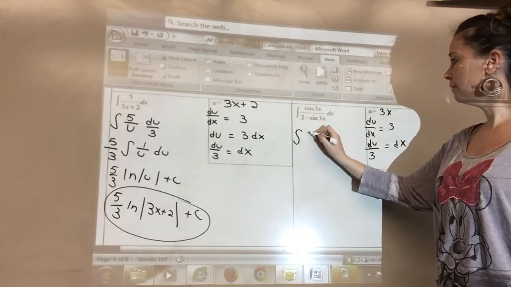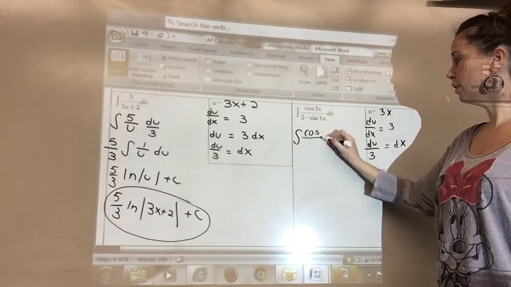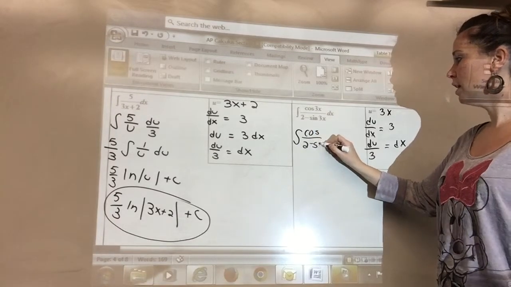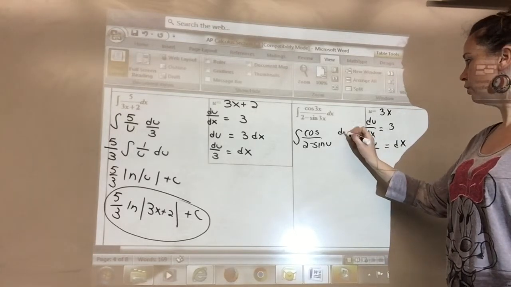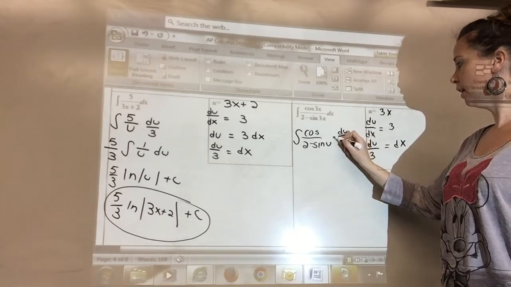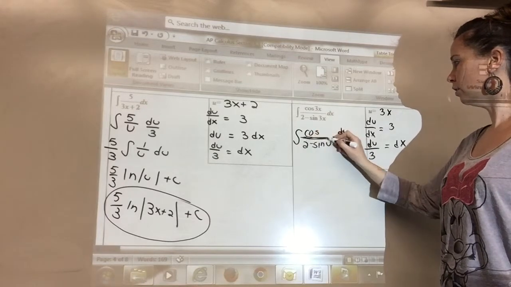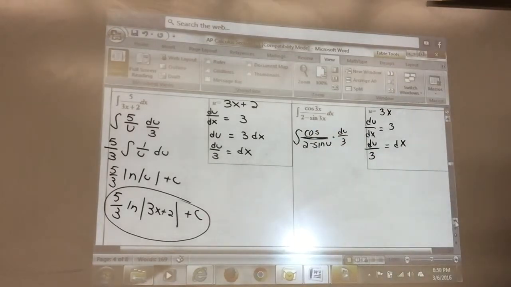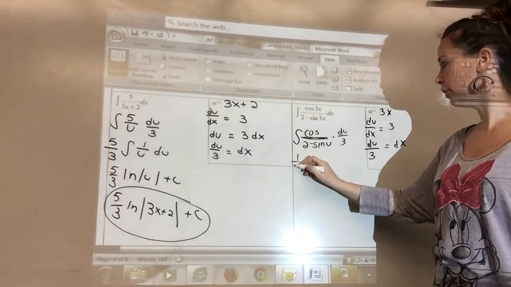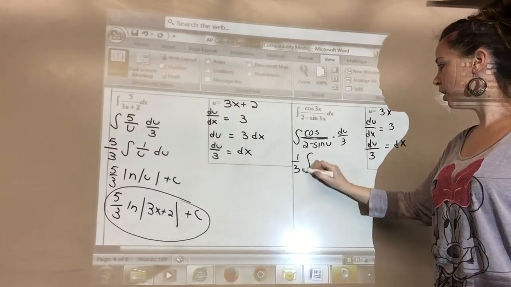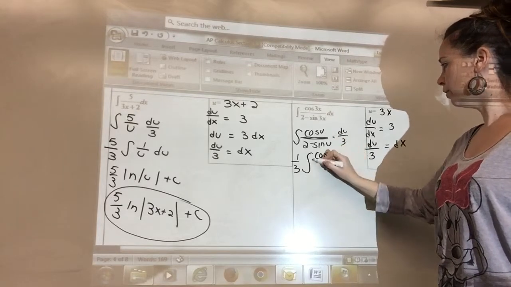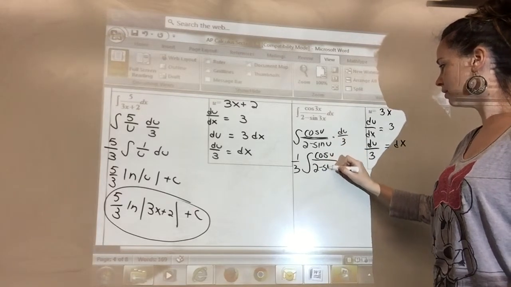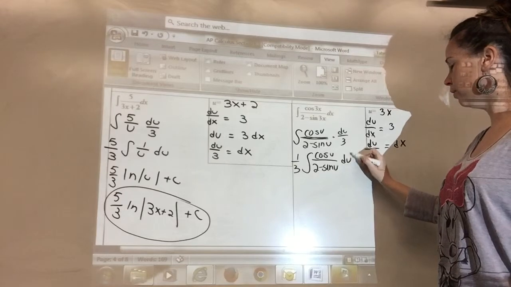The cosine of u over 2 minus the sine of u, and then I have a du over 3. Okay, so that's all like this. Okay, at that point, maybe I would pull the 1/3 through. But even so, now I'm looking at the cosine of u over 2 minus the sine of u du.